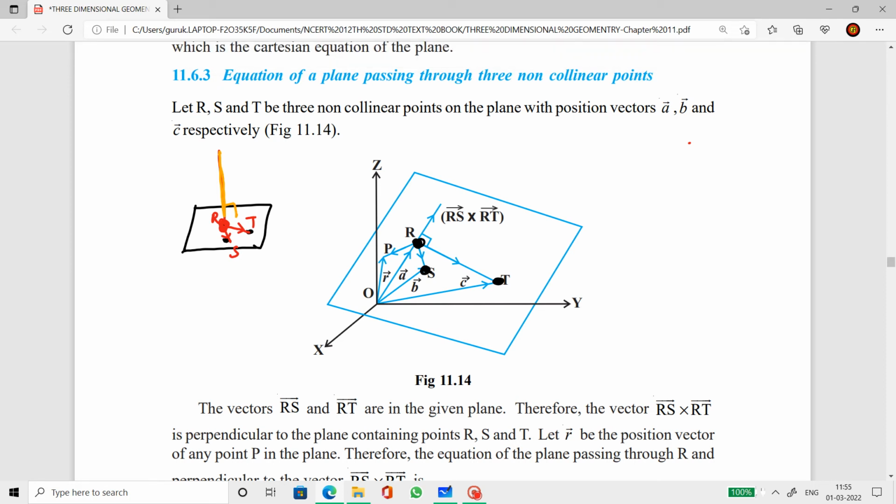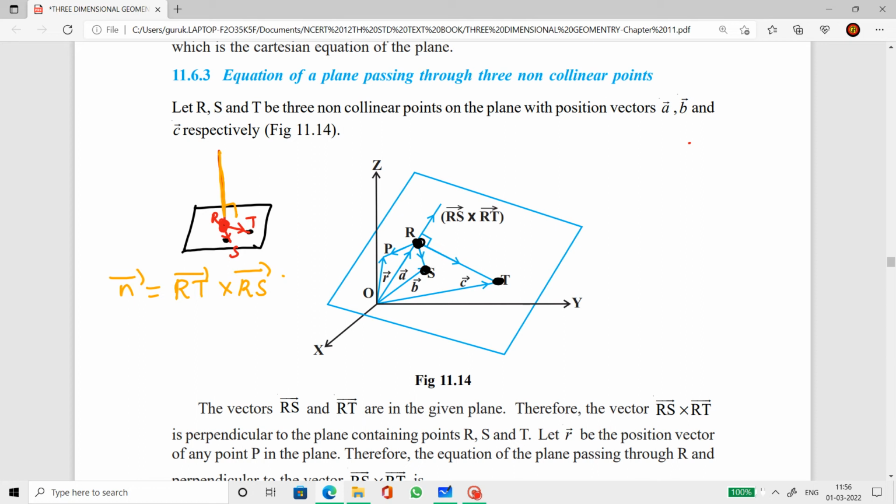So RT and RS are perpendicular to the normal. So using the right hand thumb rule, I can say the normal vector is nothing but the cross product of RT vector into RS vector.